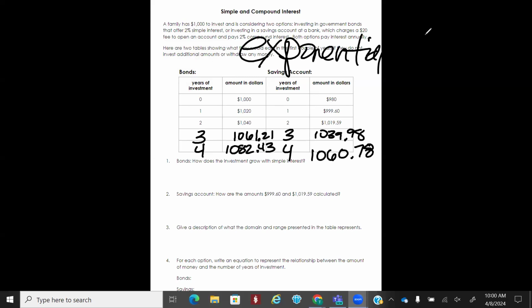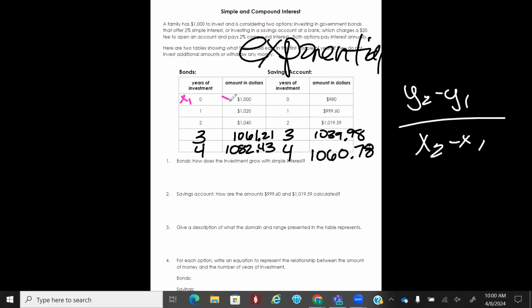Okay. Now you're asked for the average rate of change. Okay. So now just a reminder for average rate of change, that's going to be y2 minus y1 over x2 minus x1. Okay. And so looking at this first column, this would be x1, this would be y1, this would be x2, y2. We're going to take all of that and plug it into this formula.